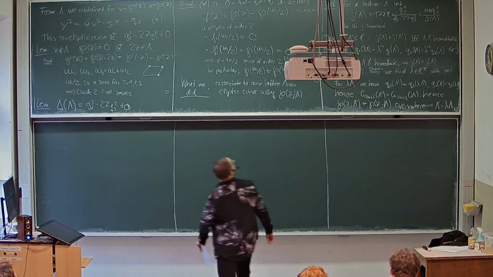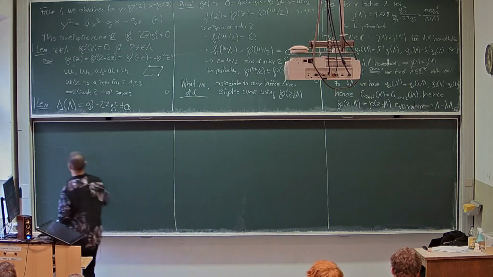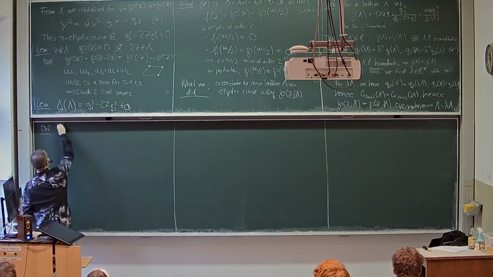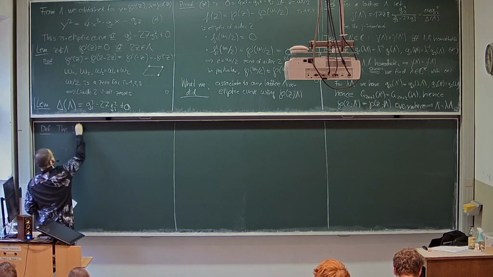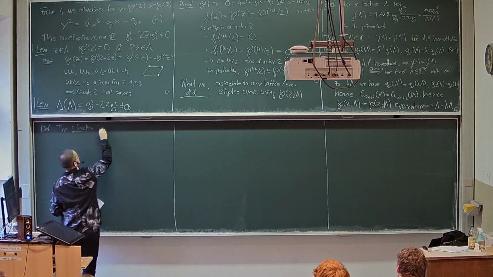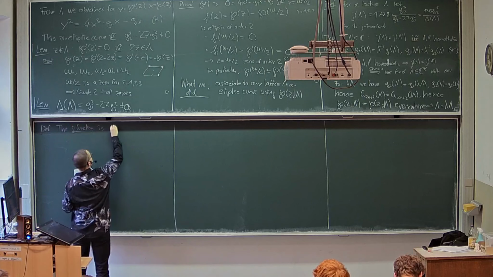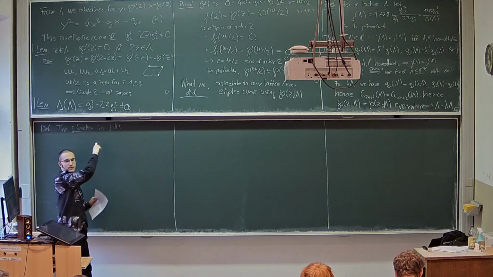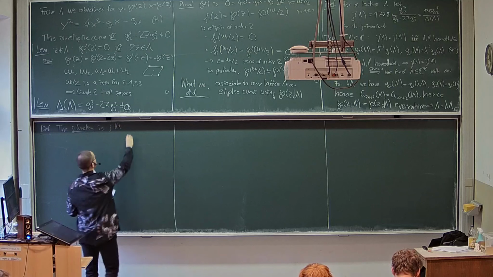For simplicity, we do this by studying the so-called J function. The J function is defined on the upper half plane, so all complex numbers with an imaginary part strictly bigger than 0.